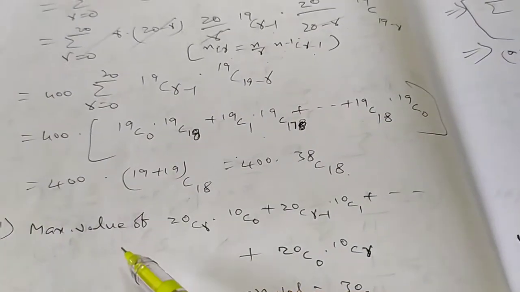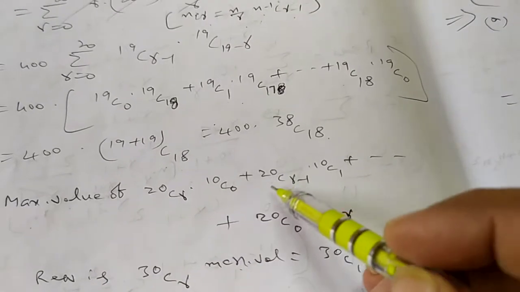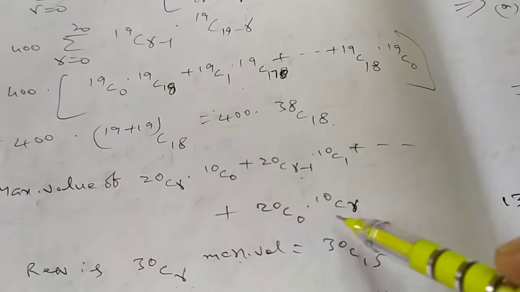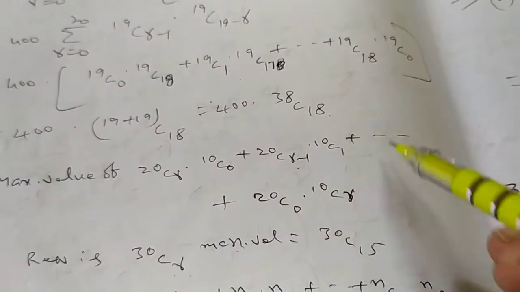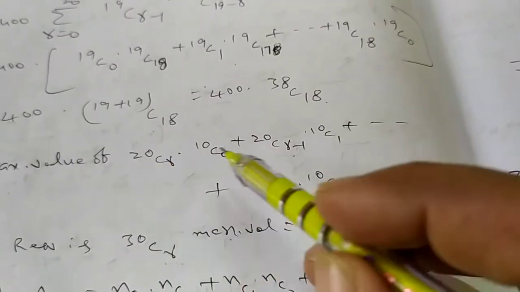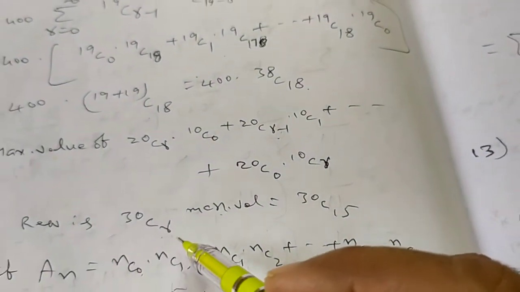Next problem. Maximum value of 20CR into 10C0 plus 20CR minus 1 into 10C1 and so on. By Vandermonde's theorem, this is equal to the formula (M plus N)CR, which means (20 plus 10)CR. Now required is the maximum value of this one.